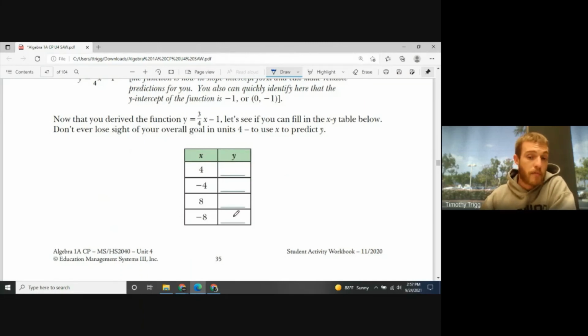Now, if we want, we can find more coordinate points that'll be on the line. So y equals 3/4 x minus 1. We can go ahead and replace x with 4 and find what the y coordinate would be. So for this first point, it'd be y equals 3/4 times 4, then minus 1.